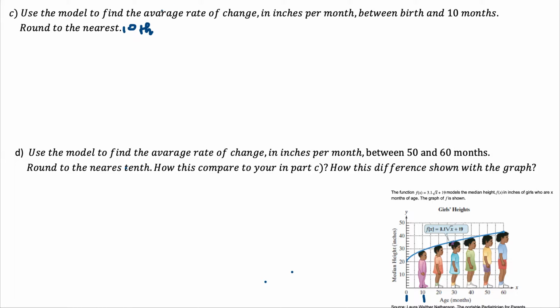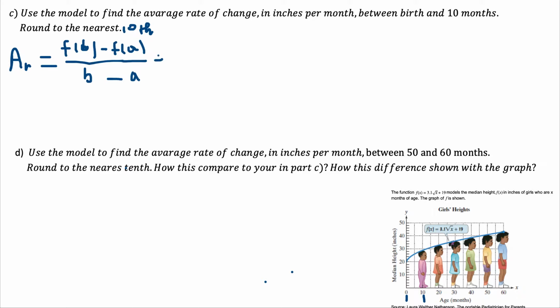Now the average rate, AR, the average rate formula we already know: the difference between two points, f of b minus f of a, divided by b minus a. Let me write this formula.